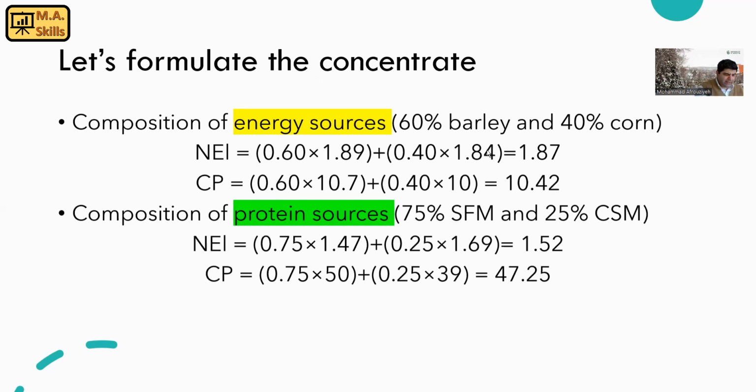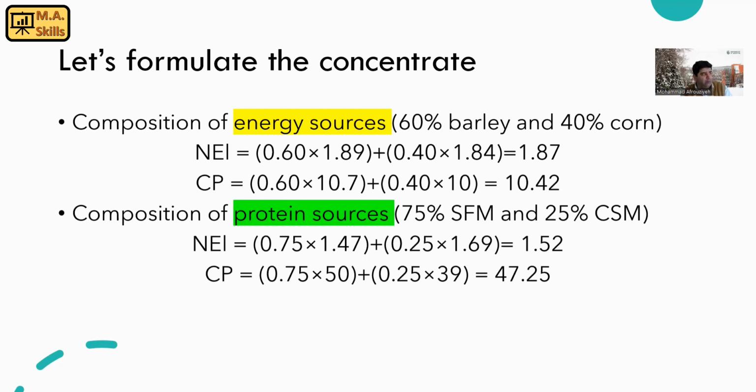So basically, when you are formulating a diet, either for ruminants or monogastric animals, doesn't matter, the first step is to divide the nutrients into 2 sections: energy sources and protein sources. So to put it in a nutshell, energy sources are grains like barley, corn, sorghum, wheat, oat, and any kind of fat, for example, soybean oil, or fat powder.